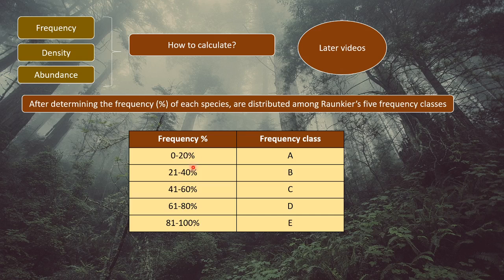So these are species that are not present in larger number in any area, so these fall under class A. Now species that have 21 to 40% frequency fall in class B, 41 to 60% frequency fall in class C, 61 to 80% fall in class D, and 81 to 100% fall in class E.